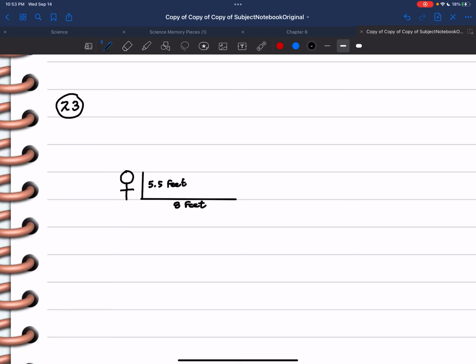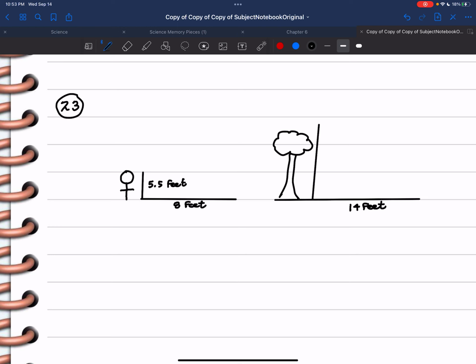A tree, at the same time, casts a 14-foot shadow. So the tree is growing on the ground. Here's its shadow.